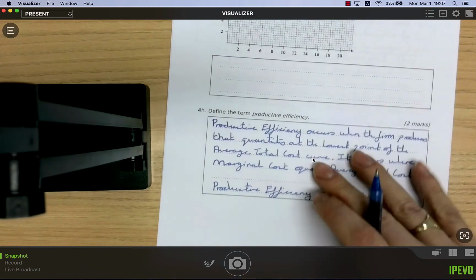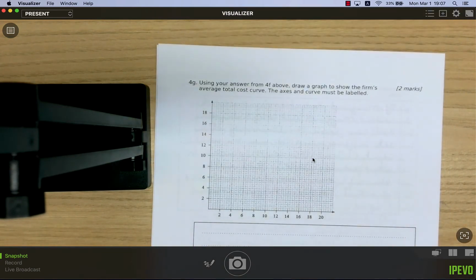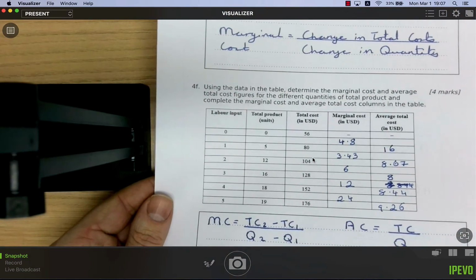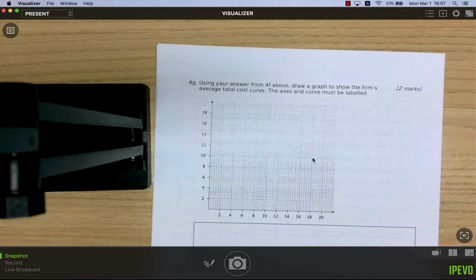Okay, so looking at question 4G, it says, using your answer from 4F above, which is this table, draw a graph to show the firm's average total cost curve.